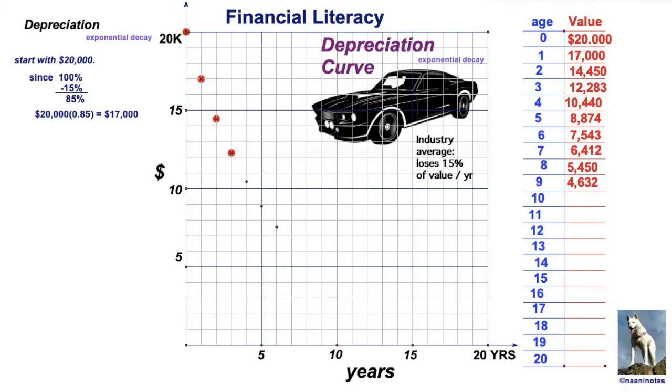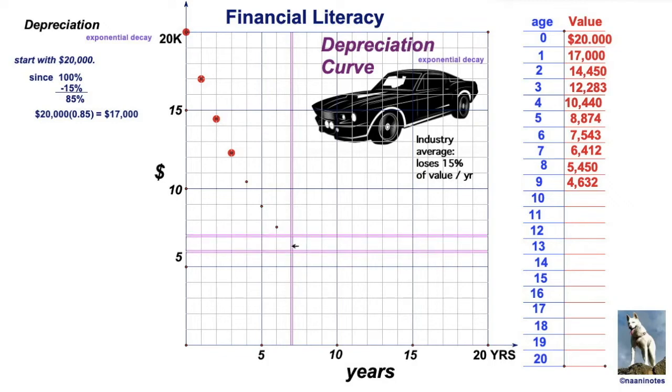Now, year number 8, let's come down to year number 8, and we're looking at 5,450. Oh, wait a minute, I guess I skipped year number 7. Oh, I'm bad at this. Year number 7, 6,412. This is 6,000.